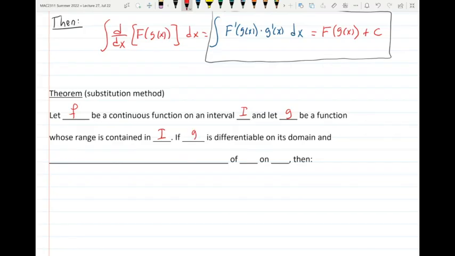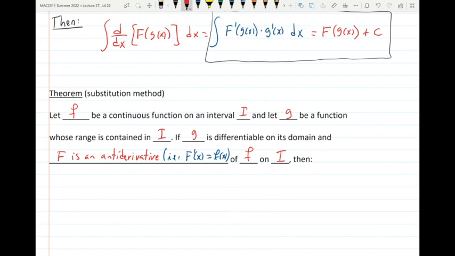So if the function g is differentiable on its domain and capital F is an antiderivative of little f. So remember, basically what I'm saying here is that if I take the derivative of capital F, I get little f. That's the notion of antiderivative. Okay. On this interval I, so that will be for all x in I, that equality that I just wrote holds.